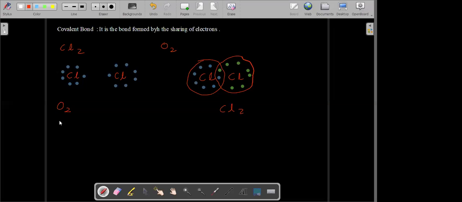Yeah, O has 6 electrons. Okay. Has everyone made O2?